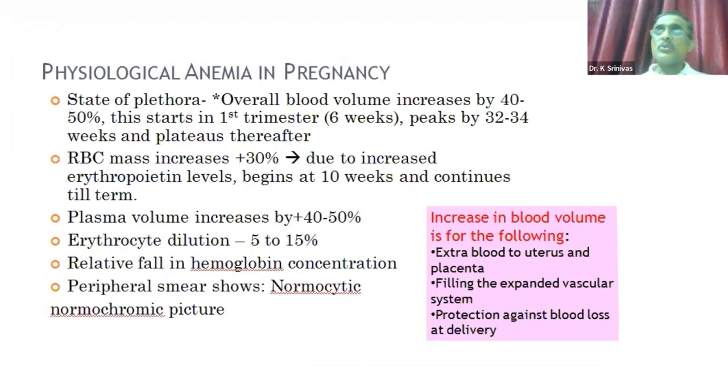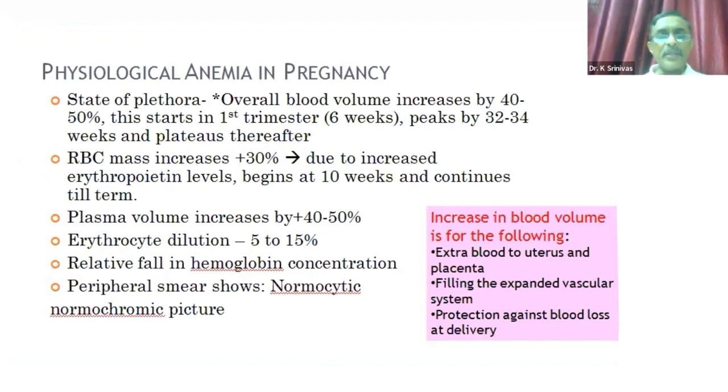And to protect against the anticipated blood loss during delivery, these are the natural mechanisms by which the woman is protected from adverse events due to blood loss. So the blood volume has to increase.